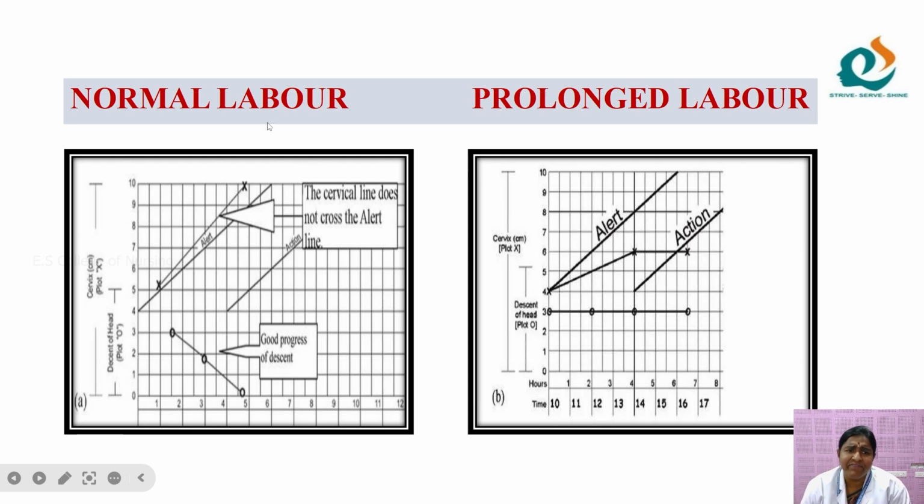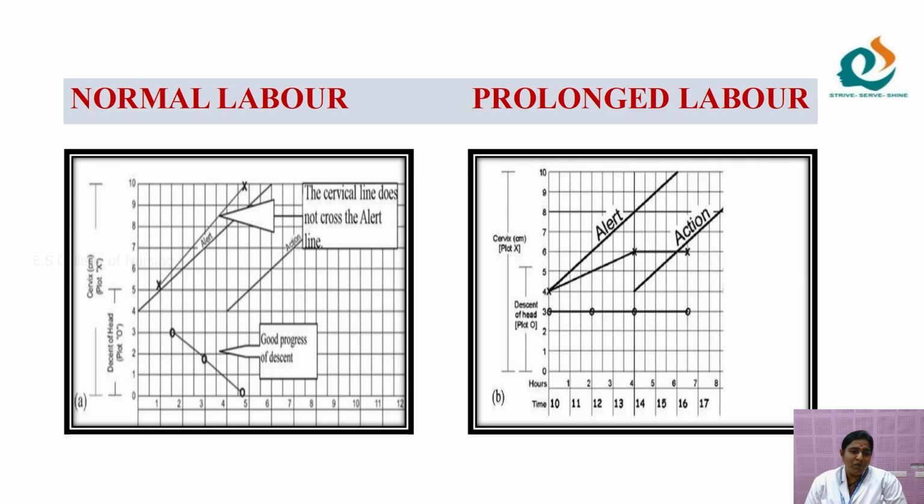Now we can see the difference of normal labor and prolonged labor cervicograph. This is very important to know for all the midwives and obstetricians, so that we are able to identify the alteration or deviation from the normal labor. Let you see that in a normal labor, the cervicograph falls on the left of the alert line, so that it is good progress of labor, and normal delivery can be expected.